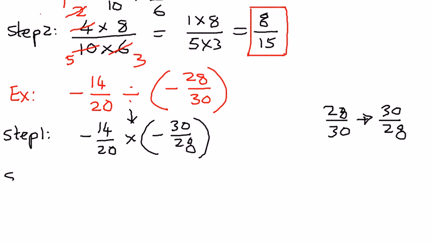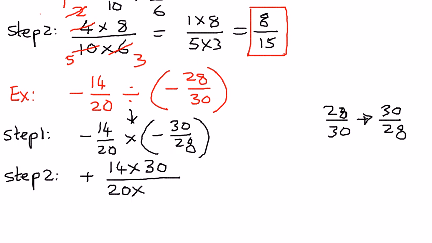And now, as a second step, we're going to multiply the signs. Negative times negative is a positive. Then we multiply the numerator parts, 14 times 30, divided by 20 times 28. That is what we have. Therefore, when we simplify this, we can simplify it as follows.